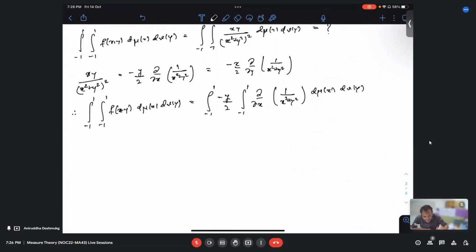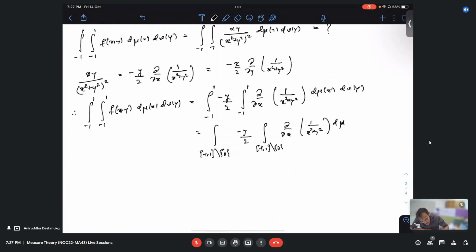Again, since for a fixed y, non-zero of course, this is a Riemann integrable function on minus 1 to 1, I can write it as minus 1 to 1 minus 0, minus y by 2, and then x cannot be 0, so minus 1 to 1 minus 0, derivative of 1 over x square plus y square, d mu x, d mu y.